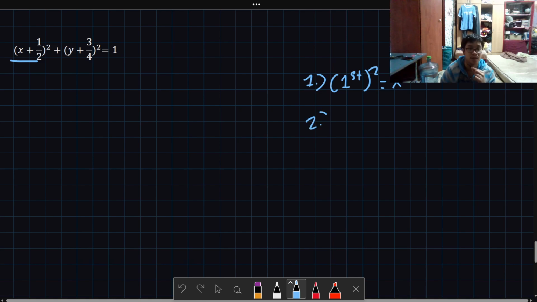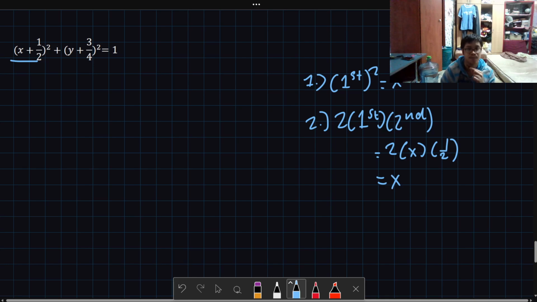Second step, 2 times the first term times the second term. The second term again is to the right of the parenthesis. So 2 times the first term, x, times the second term, which is 1 half. 2x times 1 half becomes 1x.